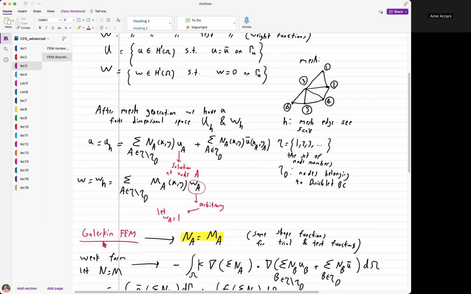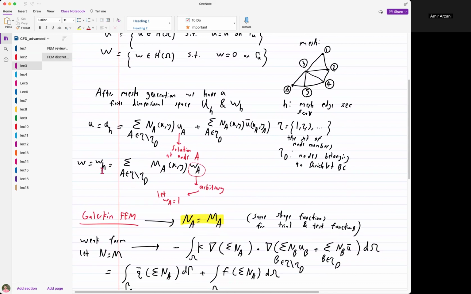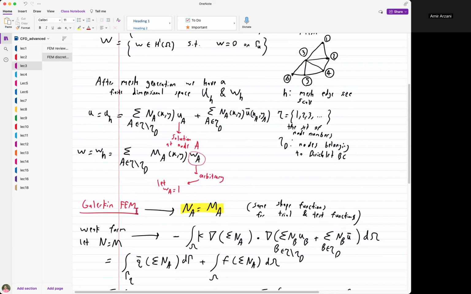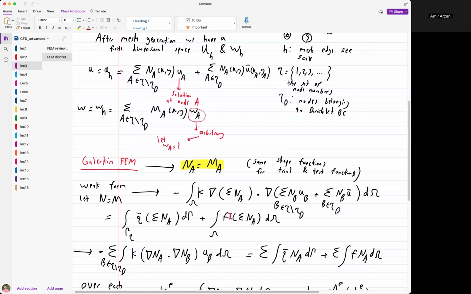Now, in Galerkin finite element, we also do another simplification where we assume the shape functions for the trial solutions and also the test or weight functions are the same. So this N and M are the same. Now, if you take these equations and plug them into the weak form, this is the equation you arrive at.